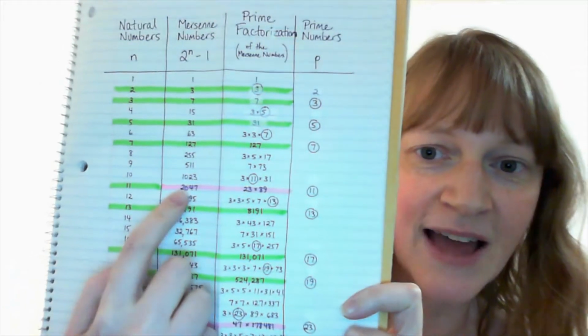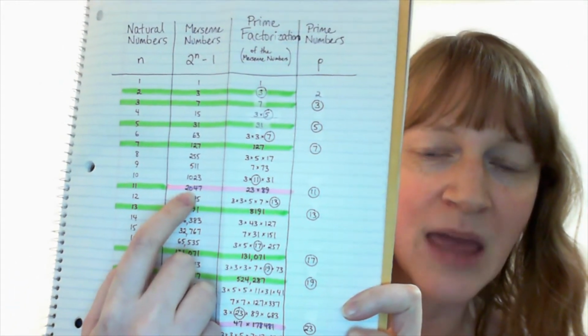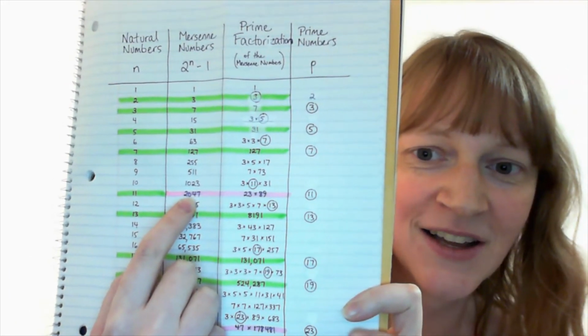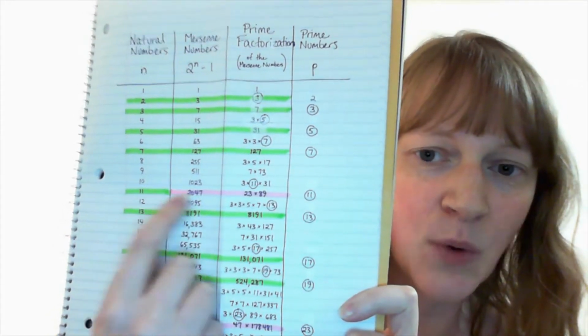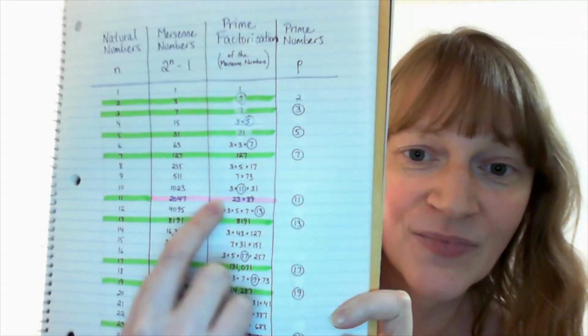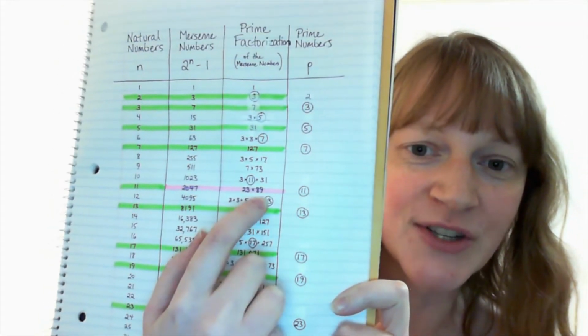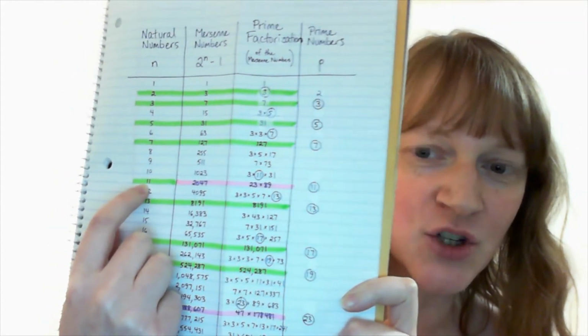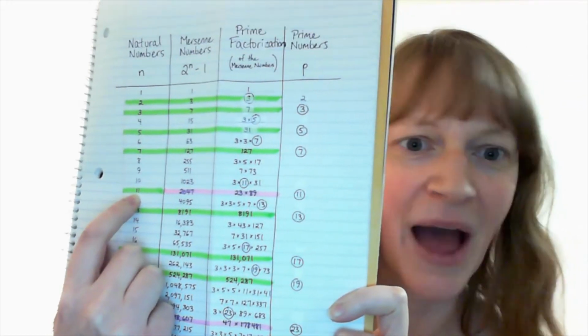We've noticed that when we have a Mersenne candidate with a prime exponent, but the Mersenne number didn't turn out to be prime, its factors seem to relate back to the exponent somehow.